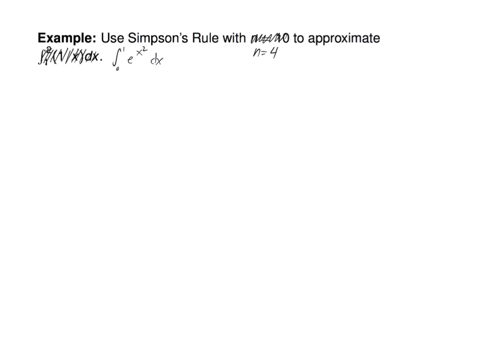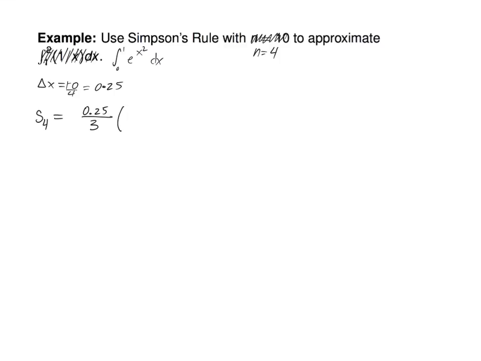Okay. So delta x is equal to? 0.25. Yep. 1 minus 0 over 4, or 0.25. Okay. So S4. That will be delta x over 3, so 0.25 over 3.